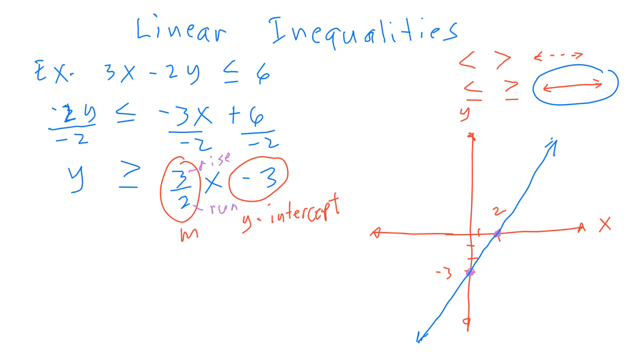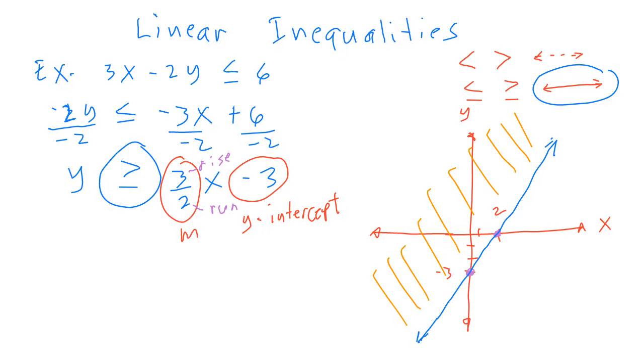Since you're using greater than or equal to, it should be the upper part that we shade. So that would be our solution. Whatever point inside the shaded region, that's the solution for this linear inequality. So it means you have plenty of solutions for this example.